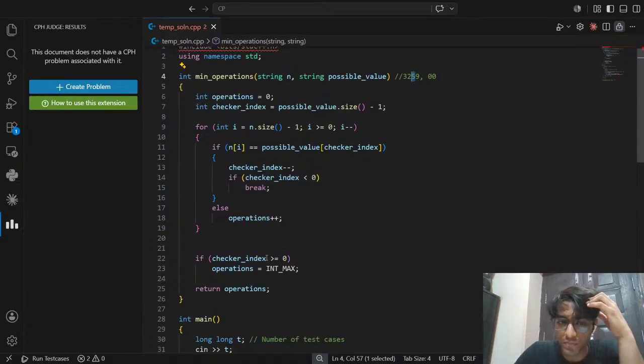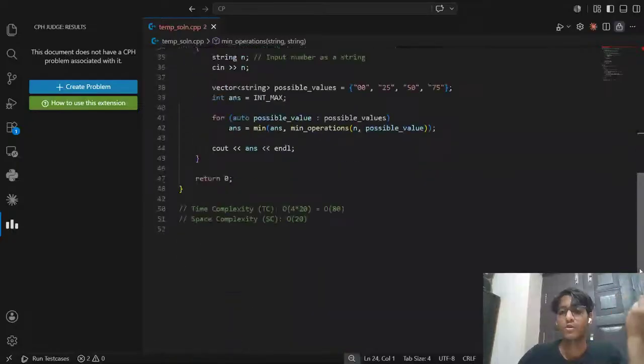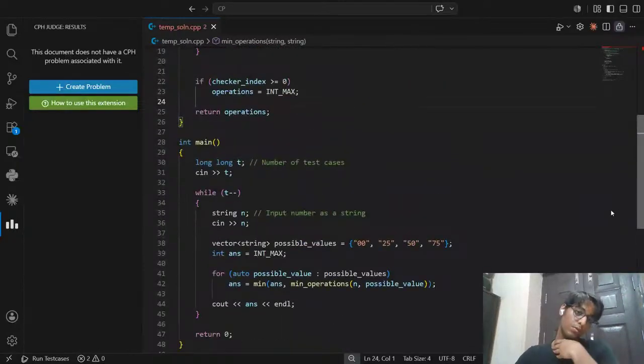And if checker index is greater than or equal to 0, operations is int max, because 2 and 5 were separately in the string. And if not, then return operations. Then we can just check if it's minimum or not. So yeah, that's also a great approach.